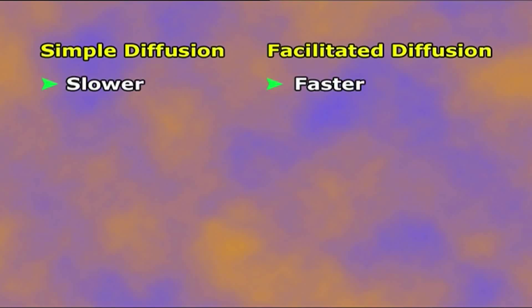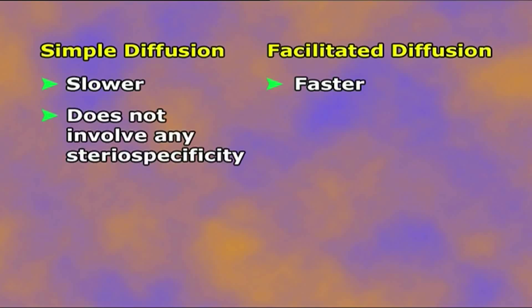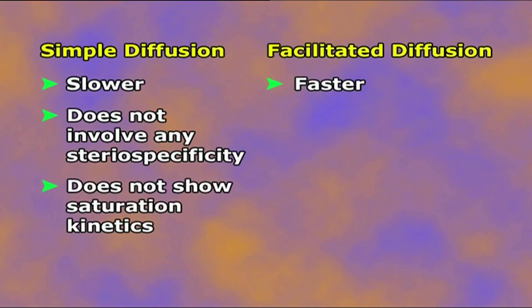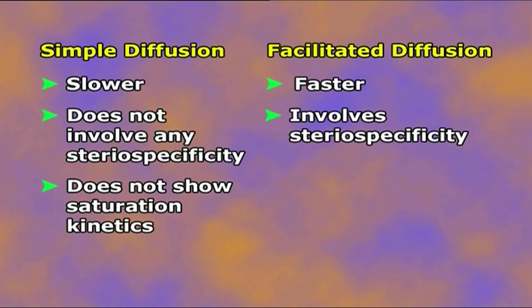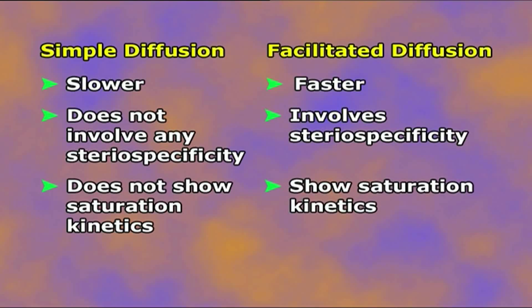Simple diffusion is relatively slower as compared to facilitated diffusion. Moreover, simple diffusion does not involve any stereospecificity and does not show saturation kinetics, whereas facilitated diffusion involves stereospecificity as well as shows saturation kinetics.